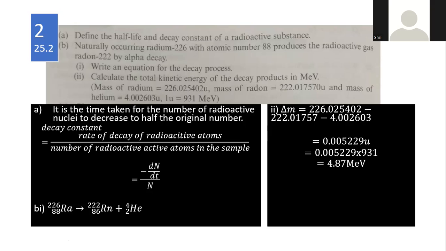So how do I calculate the total kinetic energy in mega electron volt? Calculate the energy released. How do you calculate the total kinetic energy of the decay product? The decay products are radon and helium, or radon and alpha particle.